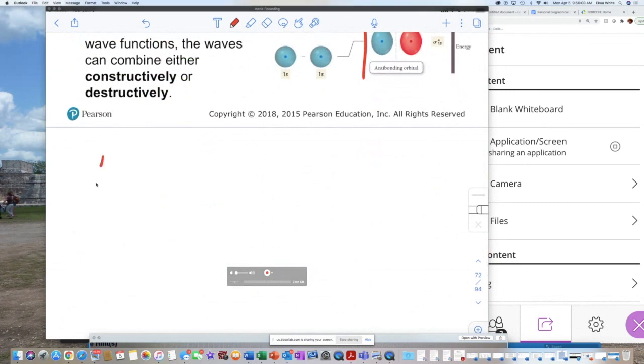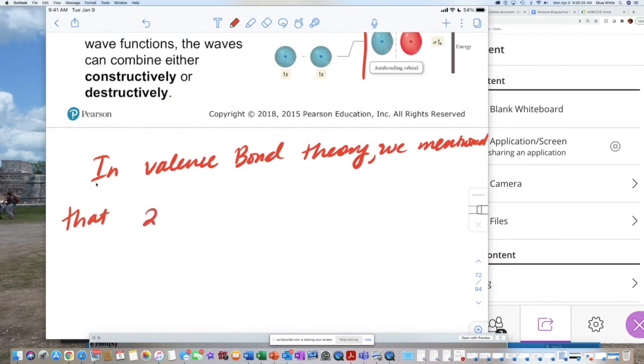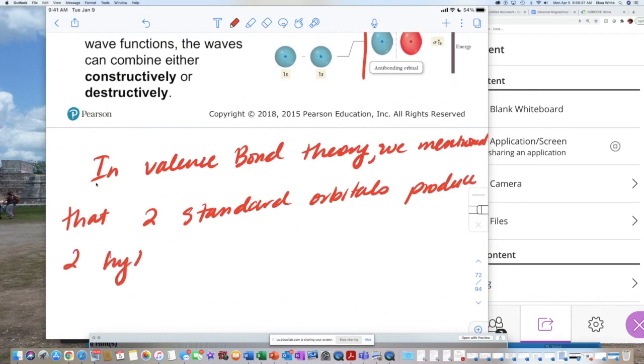Okay, so before I get into this, in valence bond theory, the previous section we just covered, we mentioned that two standard orbitals produce two hybrid orbitals.